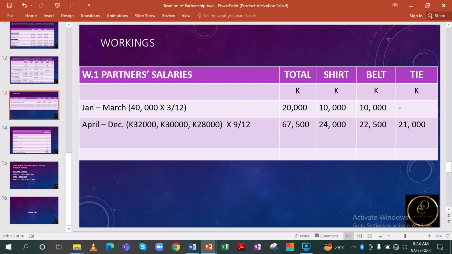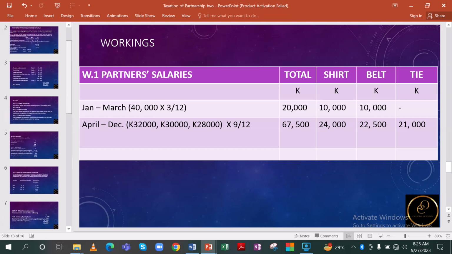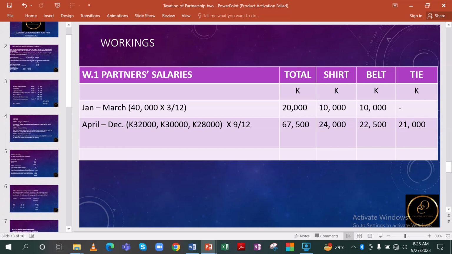If you add this, you are going to find that it gives a total of 87,500. These are salaries which partners drew from the partnership. Since these are taken to be appropriation of profit, they are supposed to be added back.